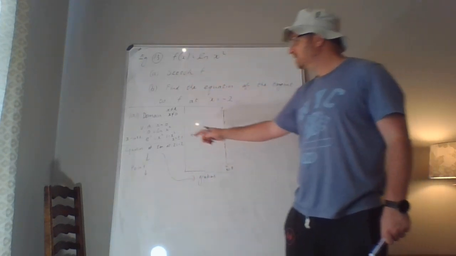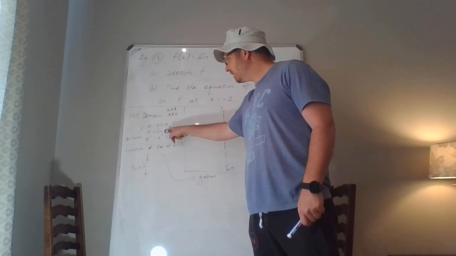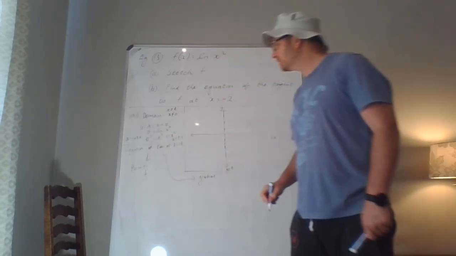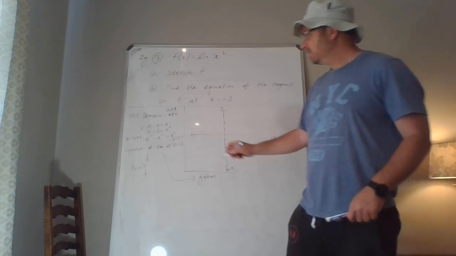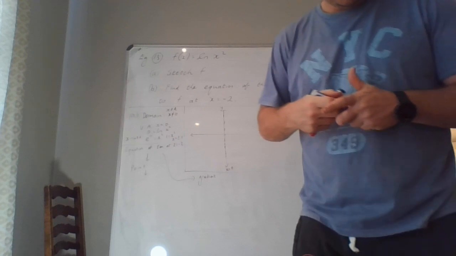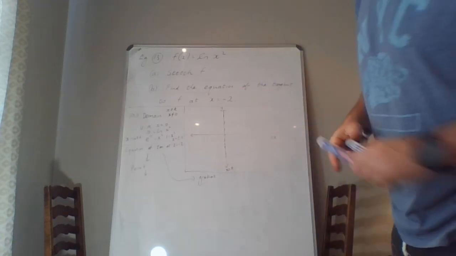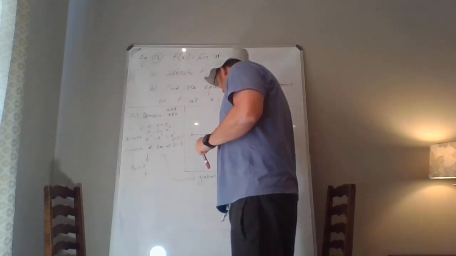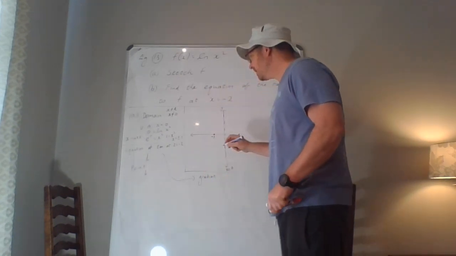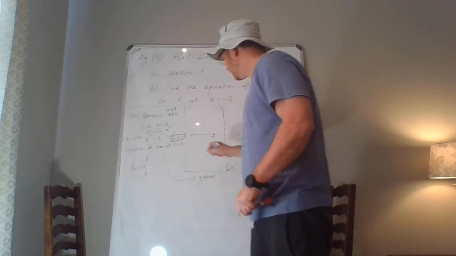Okay, just using the definition, 0 is equal to ln x squared, that's log base e, so e to the 0 is equal to x squared, so 1 is equal to x squared, so x is plus or minus 1. So the two x-intercepts are at negative 1 and at 1. Okay, because x is plus or minus 1.